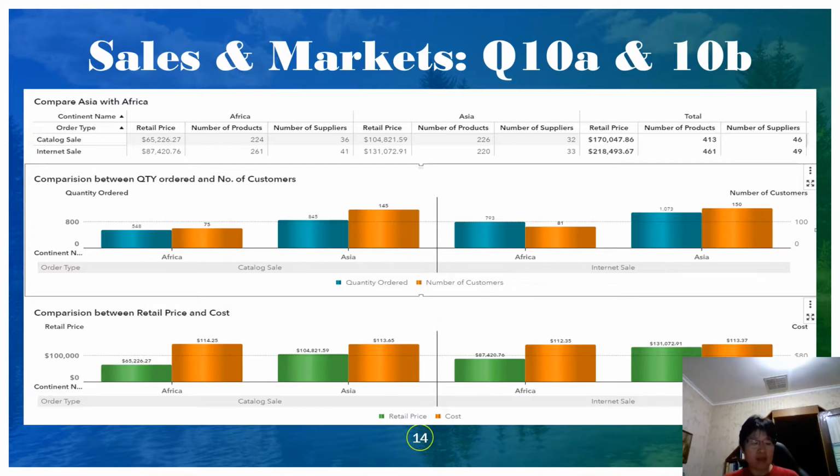In this instance, Asia demonstrated high potential growth in both catalog and internet sales, cost effectiveness, and quantity order growth due to one major reason: more customers.